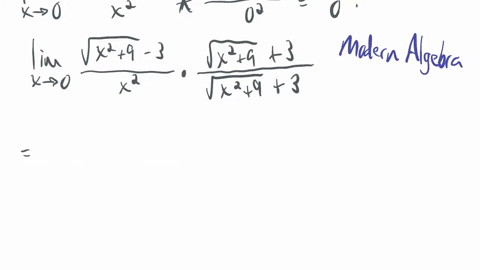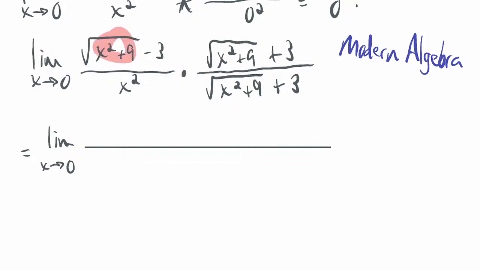So this will become the limit as x equals 0 of a really big fraction. So I'm not going to cut corners here because I want to make sure that this procedure is totally clear. We're going to reuse this kind of thing later as well in chapter 3.